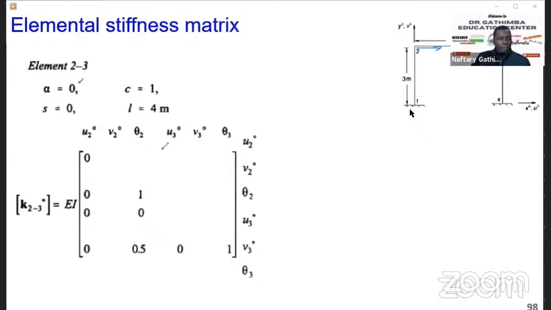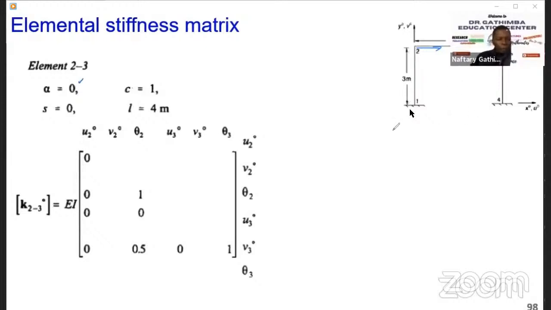And again, we know that for this element, the ones associated with 0 displacement, V2 and V3, the vertical displacements, are equal to 0.